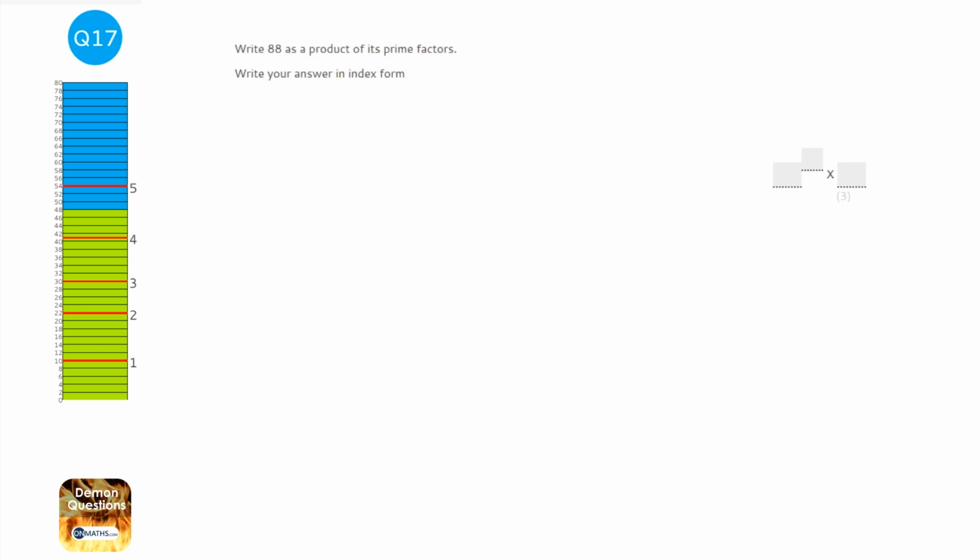Okay, so we're asked to write 88 as a product of its prime factors. So the first thing to do is write 88, and then we have two shoots coming from it. Now I need to find out which two numbers times together to make 88. Now a little tip, if you've got an even number, always pick 2. So 2 times 44.